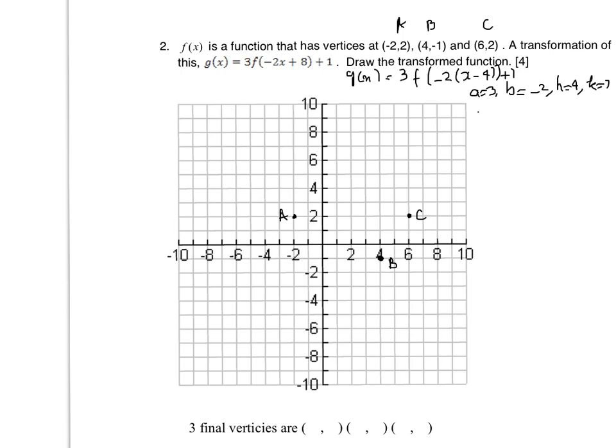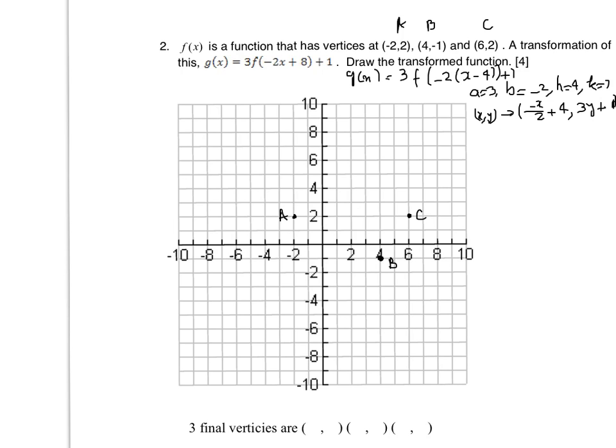So I can say that (x, y) is going to be mapped to (1 over b times x plus h, ay plus k), so it's going to be (negative x over 2 plus 4, 3y plus 1). This is my mapping notation.